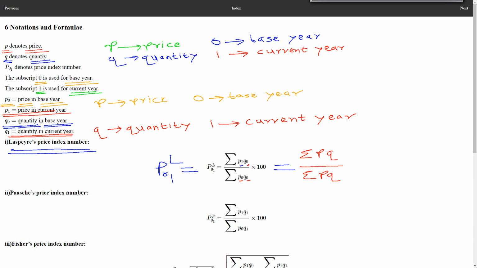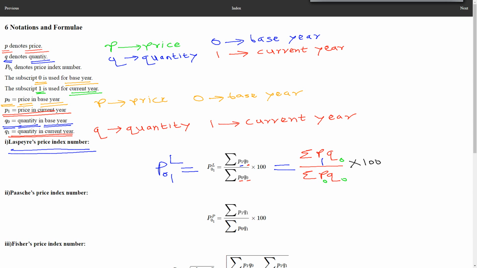Write the subscript 1 only for price in the numerator, and all other subscripts are 0. So P1Q0 upon P0Q0, and we multiply by 100 because we want the value of the index number in percentage.